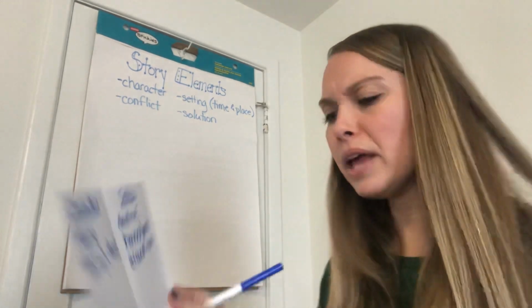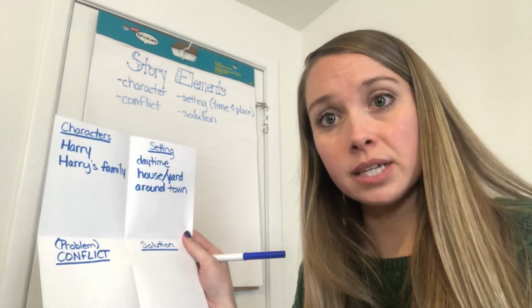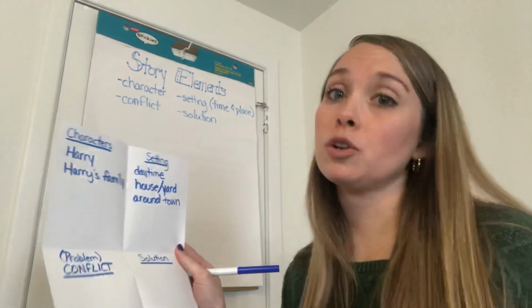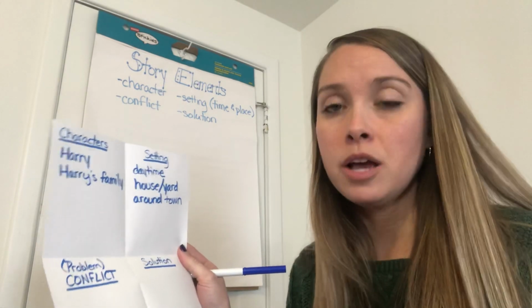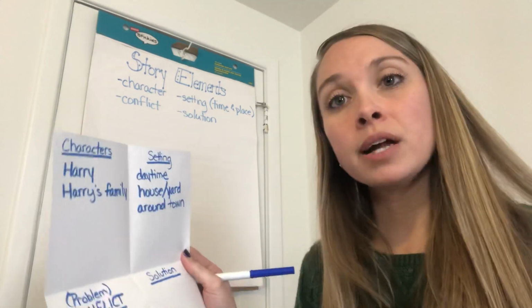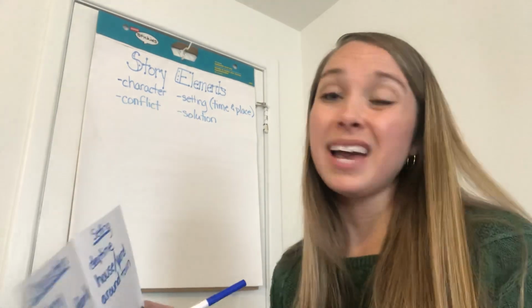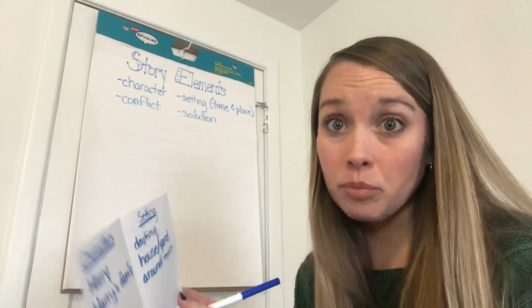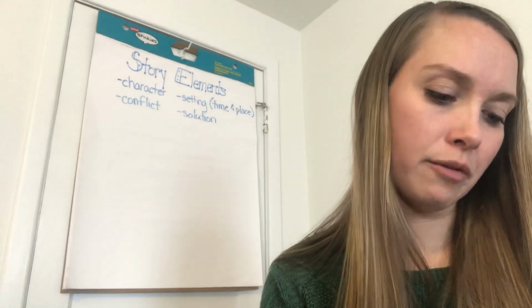Okay. And now I'm gonna think about the conflict. And remember we said in 3rd grade, our books start to get a lot more complicated. So there might be more than one conflict as you read a book. The main conflict that stood out to me is that Harry doesn't like baths. So he hid the brush. So I'm gonna write that down as my conflict.